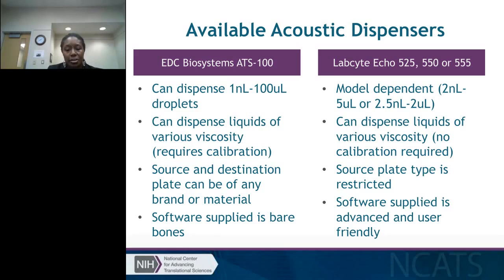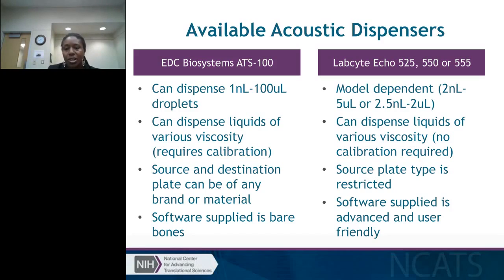Also the LabSite Echo software is very user-friendly, and so it was built to be used as a walk-up instrument that a person who has no experience in acoustic dispensing could walk up, create a protocol on their software, and do acoustic dispensing in their plate, and everything is included in their software.